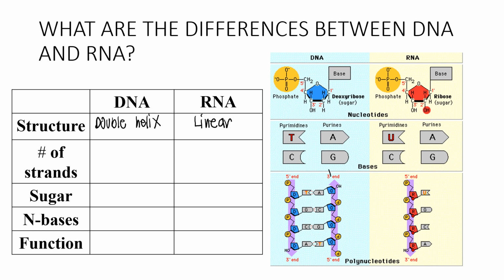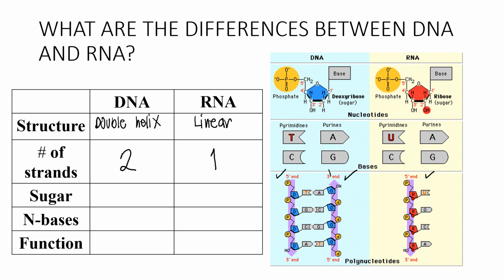In terms of the number of strands, DNA has 2 strands and RNA has 1. As you can see here, we have 1 strand, 2 strands. And for RNA, we have only 1 strand.